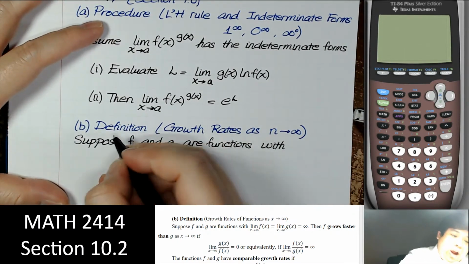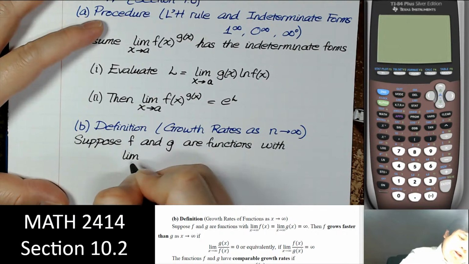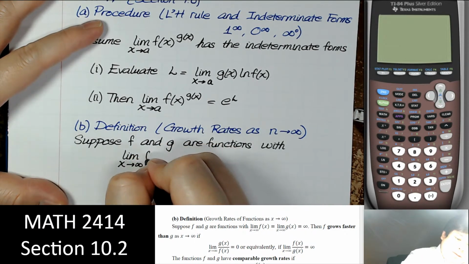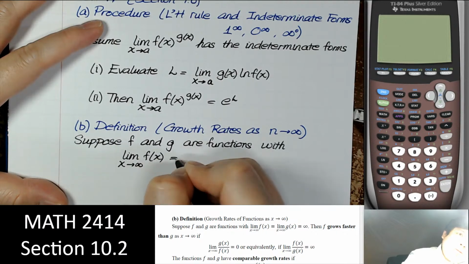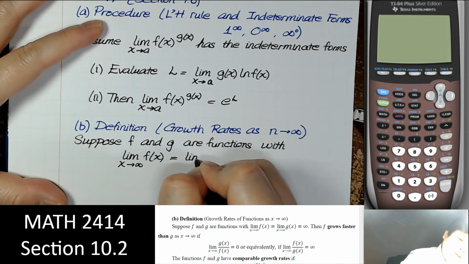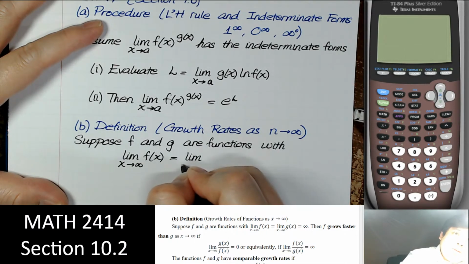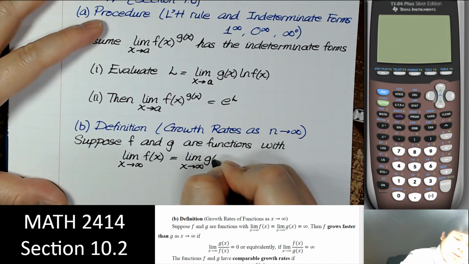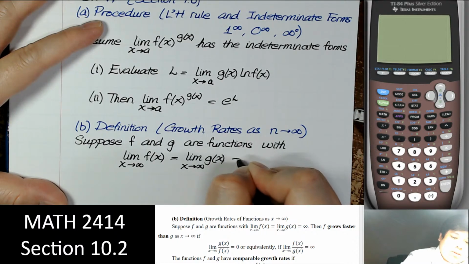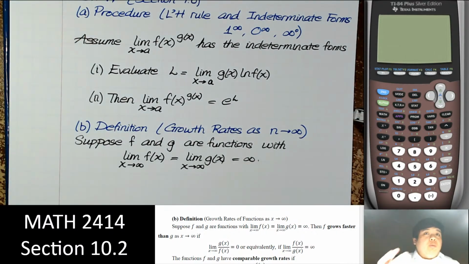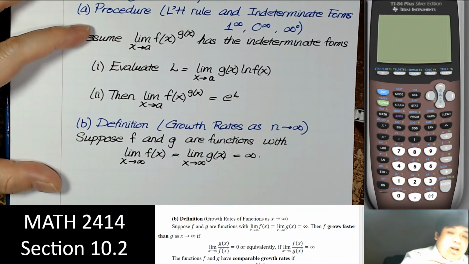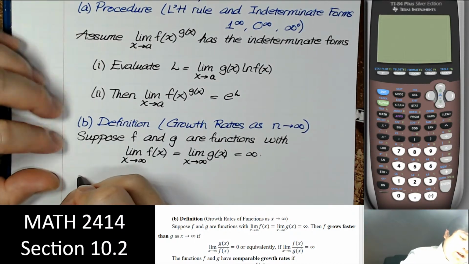Suppose we have two functions, both of them go to infinity. But they may go to infinity at different rates. So that's what we define here.